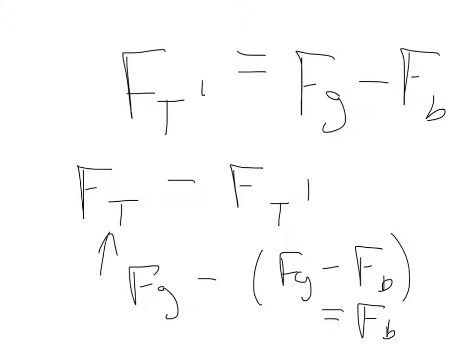So what that means is that if you want to find the density of an object, what you can do is weigh the object in the air. It's going to give you the tension force here, which is equal to the weight. Then weigh it in water.